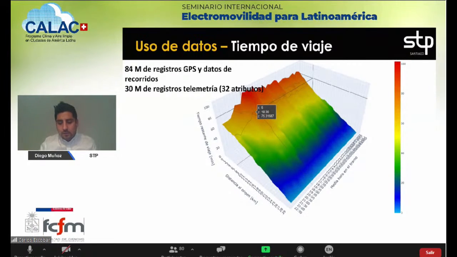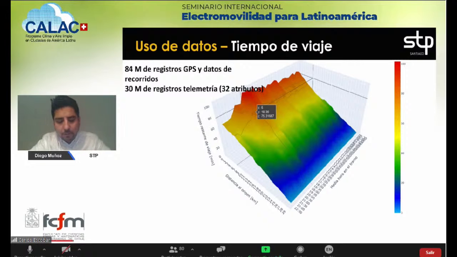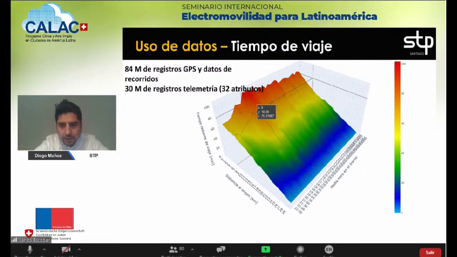Basically, what I want to know is, if I'm at a certain distance and at a certain time of the day, how long will I need to get to the other end of the route? Here, for example, it says x equals 6. So it means that I'm 6 kilometers from the origin and it's 18:30, so it's 6:30 p.m. That means that I'm going to take 75 minutes to end my trip.